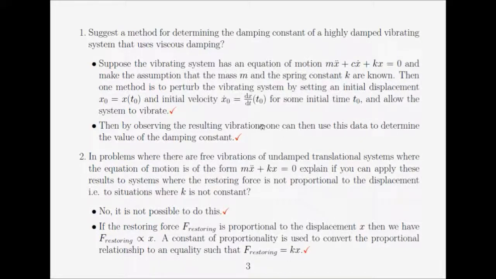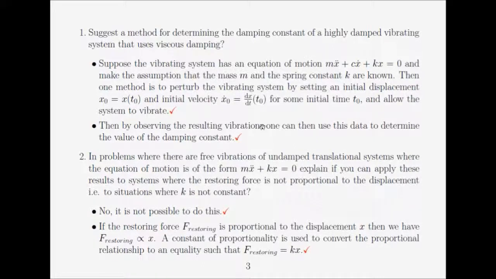The second question is: in problems with free vibrations of undamped translational systems, where the equation of motion is of the form m x double dot plus k x equals 0, explain if you can apply these results to systems where the restoring force is not proportional to the displacement, that is, to situations where k is not constant.